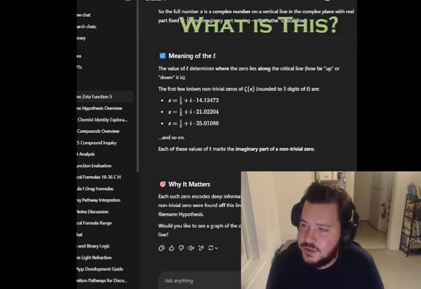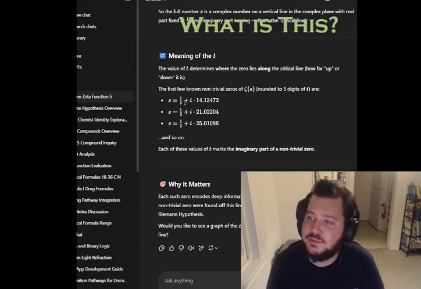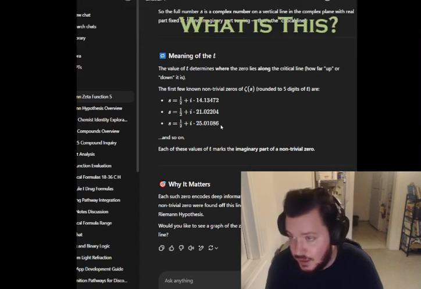The first few known non-trivial zeros of zeta(s), rounded to 5 digits of t, are s equals 1/2 plus i times 14.13472. And of course 21.02204 and obviously 25.01086 and so on.